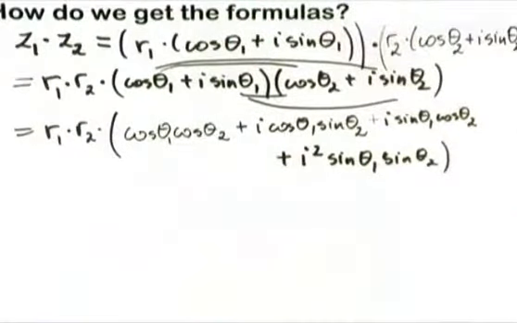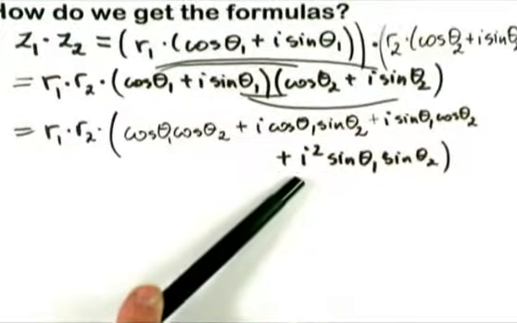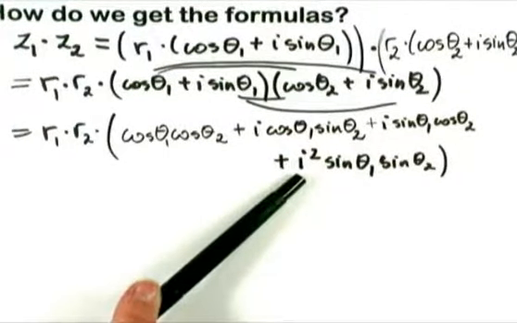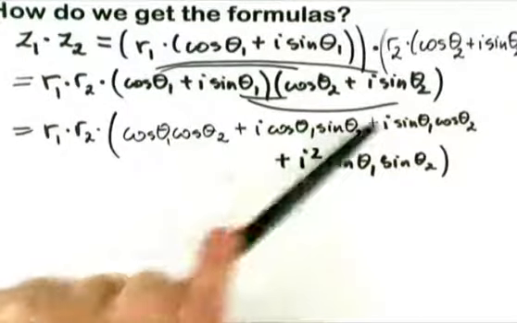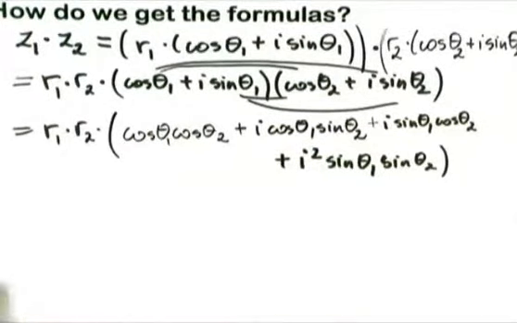And we know from the definition of complex numbers that i squared is nothing else but negative 1.